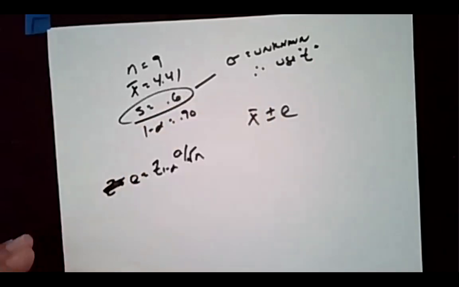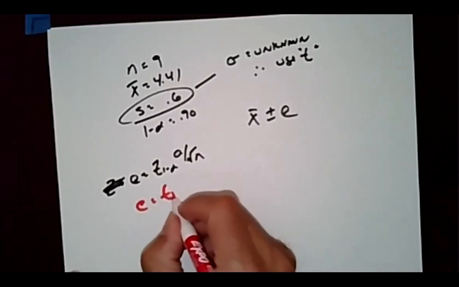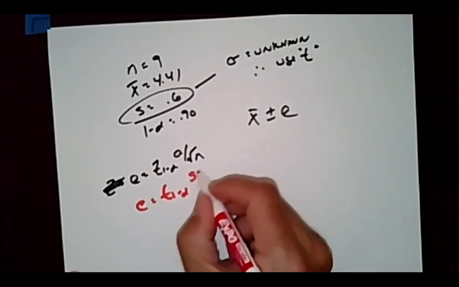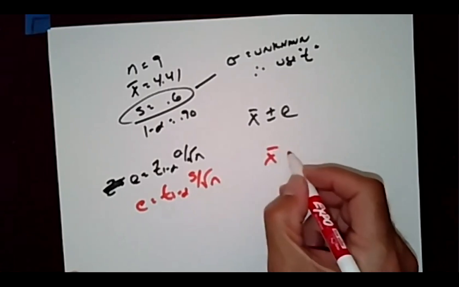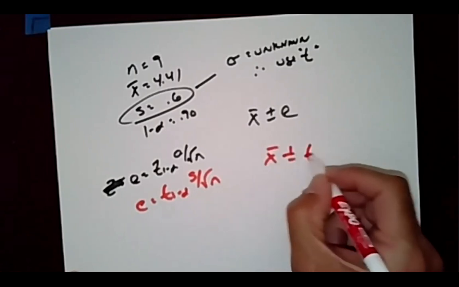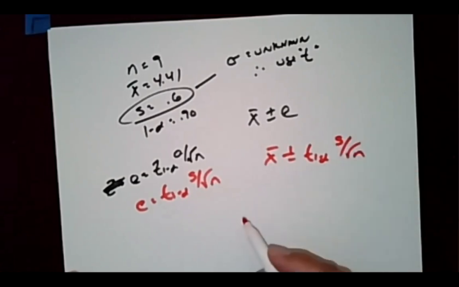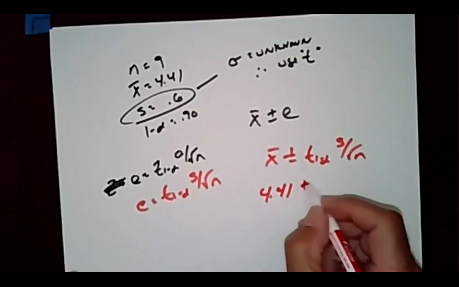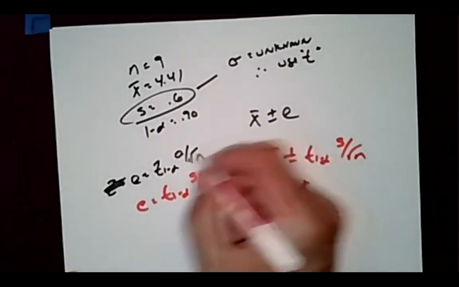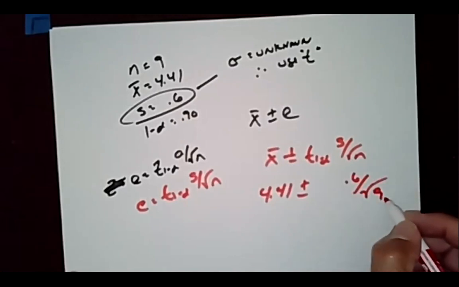Now, because we have s, we're going to change that. e is going to equal t 1 minus alpha s over radical n. So it's going to be x bar plus or minus t 1 minus alpha s over radical n. Okay. So x bar is 4.41 plus or minus blank. We're going to solve this in a minute, but it's going to be times 0.6 over square root of 9.